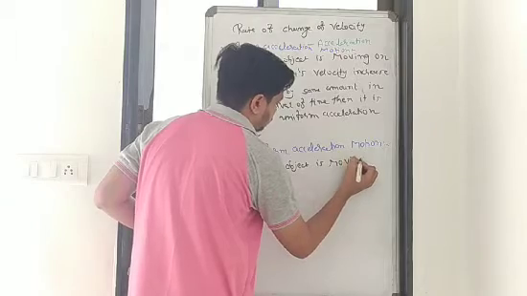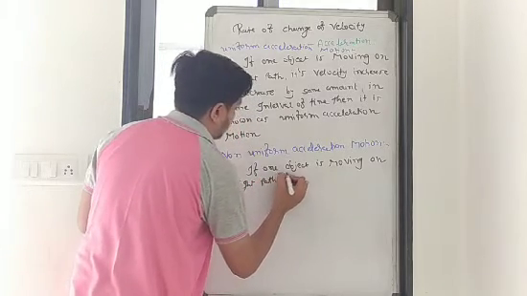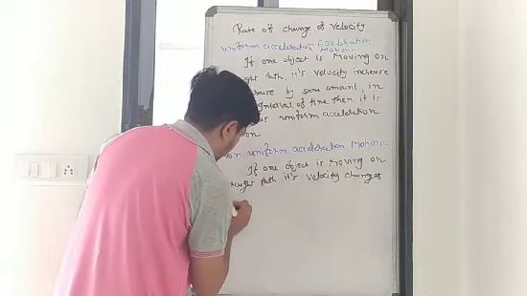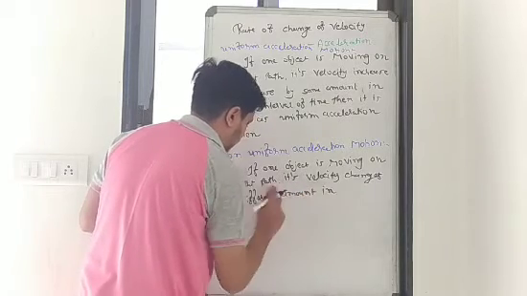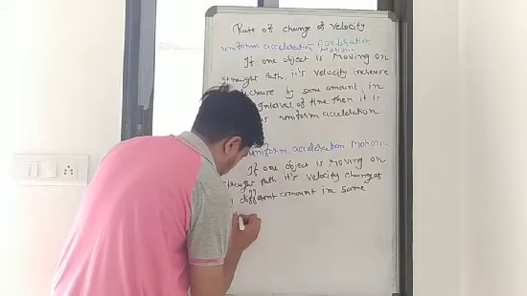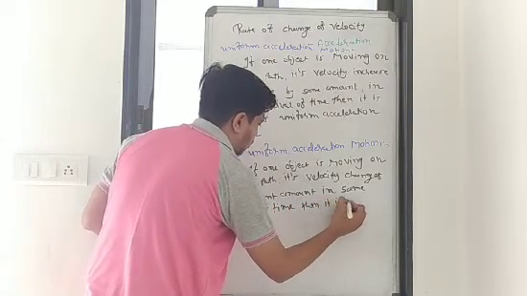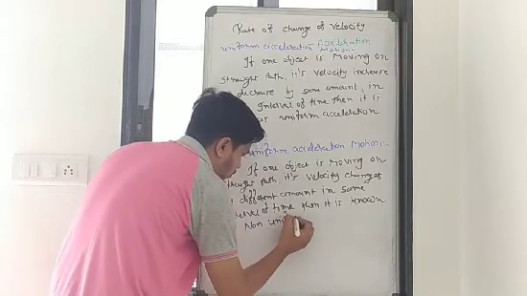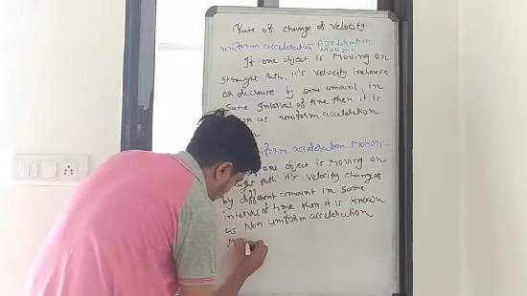If one object is moving on a straight path, its velocity changes by different amounts in the same interval of time, then it is known as non-uniform acceleration motion.